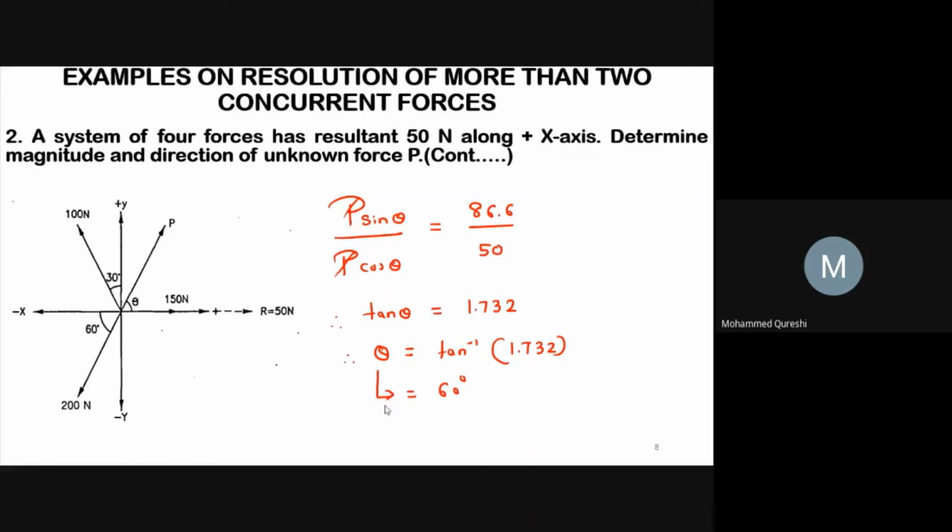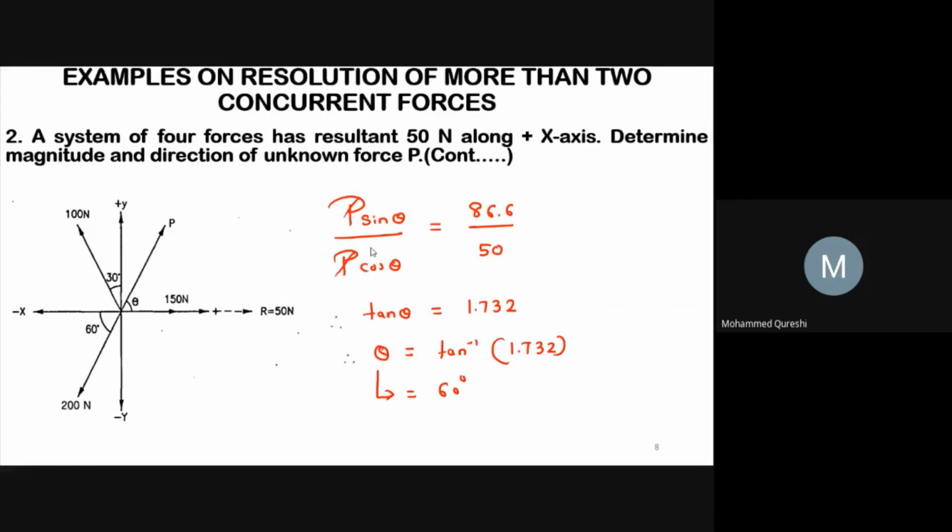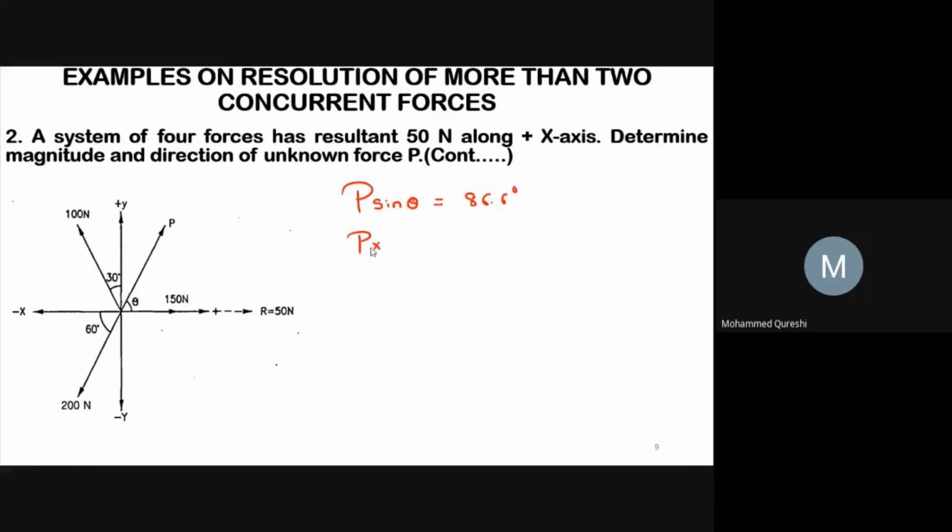Now we have to find the value of P. So next step, take any one of the equations. We know that P sin theta equals 86.6. P into sin of theta, what is the value of theta? 60. So we will put P sin 60 degree equals 86.6.